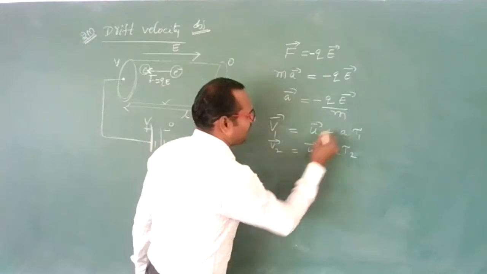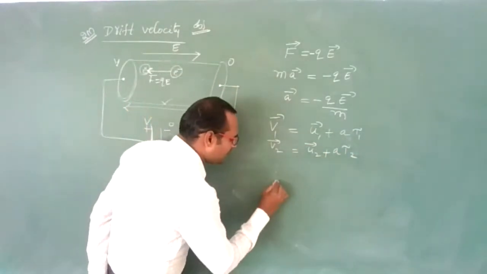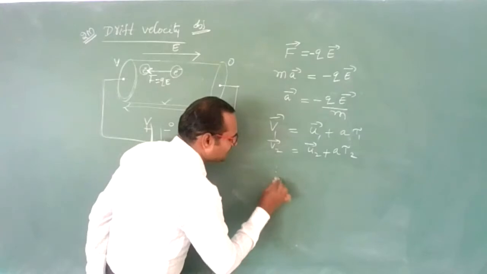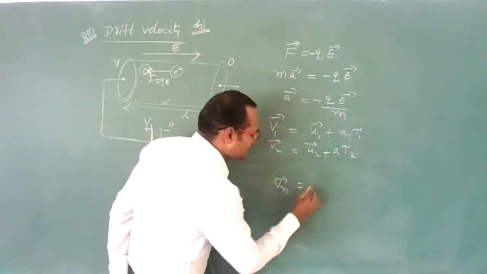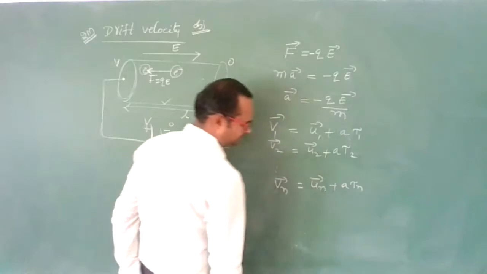You can take these as vector quantities. Similarly, the velocity of the nth particle is vn = un + a tau n.